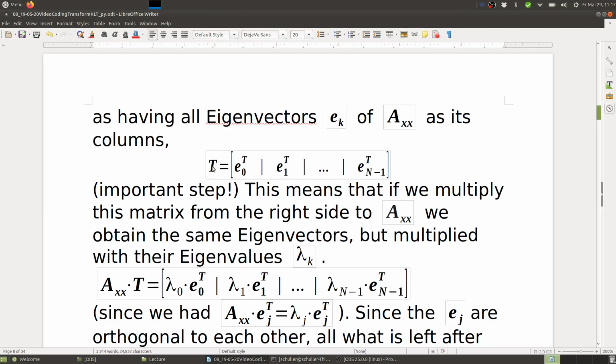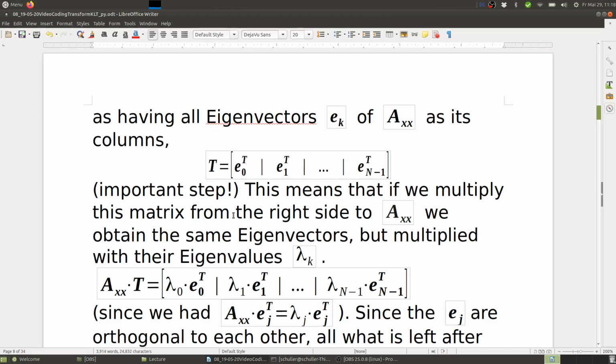And since those eigenvectors are orthogonal to each other, we can take this result and multiply it with those eigenvectors from the left-hand side, and we get a diagonal matrix. So this is the important step here.